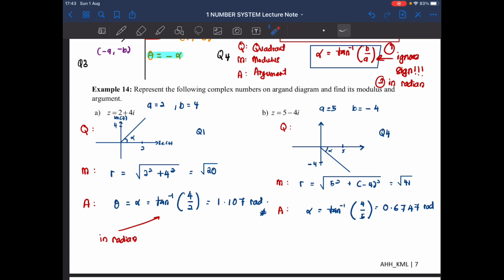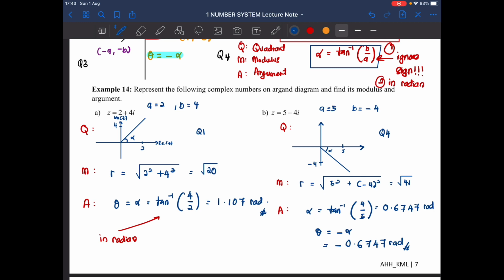But this is not finished yet, we only found alpha. We want the argument, which is theta. Now you are in the fourth quadrant, below and to the right. Below must be negative, to the right is just alpha. So your theta is supposed to be negative alpha. So we will have negative 0.6747 radians.